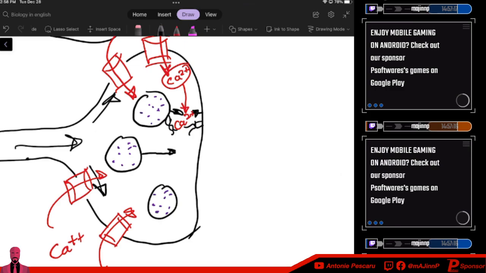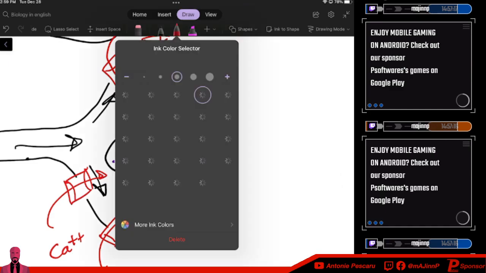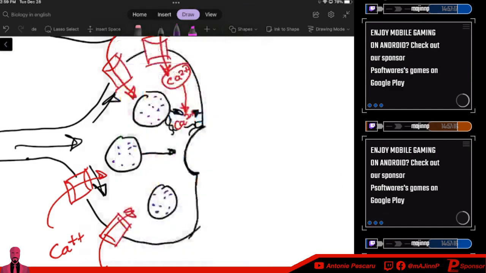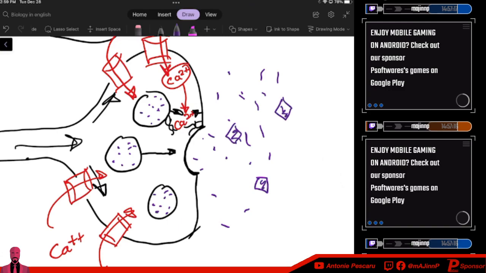It's going to make it such that the vesicle fuses with the cell membrane. And then you have the beautiful exocytosis of these neurotransmitters inside of the extracellular space.